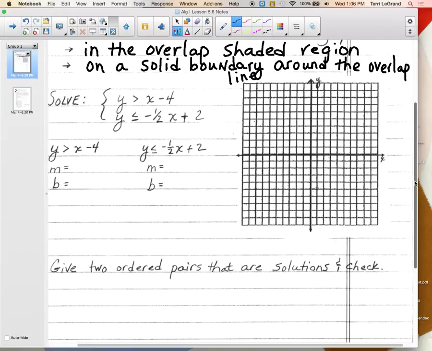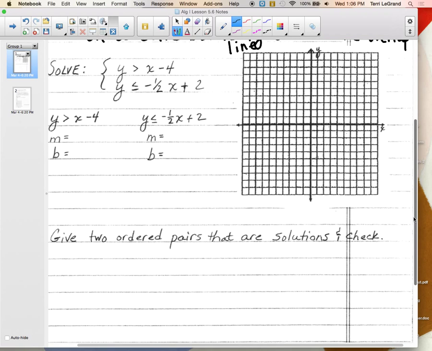So you go ahead and get this one ready to graph because you know what you need to do. You need to identify the slope, the y-intercept, you need to say what kind of a line it should be, and you need to say where it would be shaded. So go ahead and identify all of those things on your papers. And then see if you need to change my mind or I need to change yours.